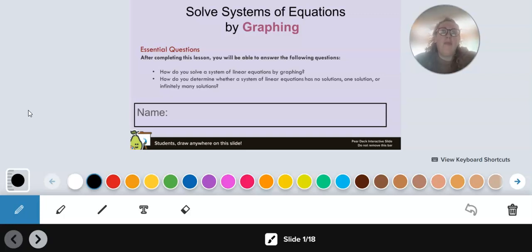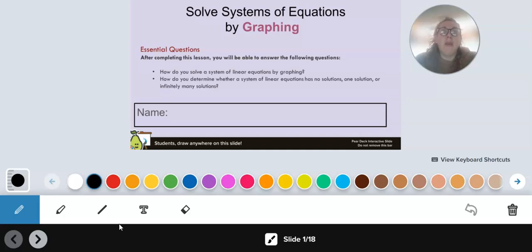Before break, we were working through module 3, looking at all types of linear equations. What we're going to do next is look at systems of equations. A system of equations just means that there's more than one equation, okay?